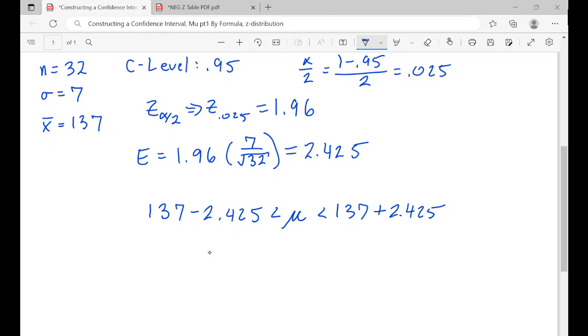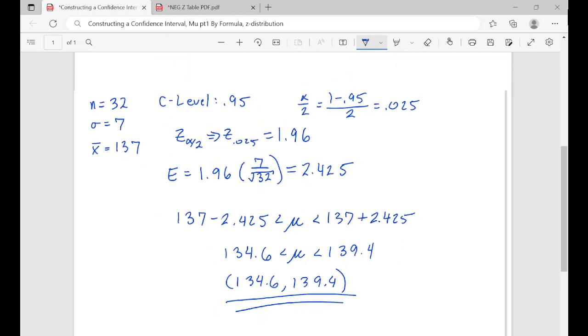We're going to end up getting 134, now I'll round it to 1 decimal place, 134.6 less than mu. And then add these two, and we're going to get 139.4. So our 95% confidence interval is 134.6 to 139.4.